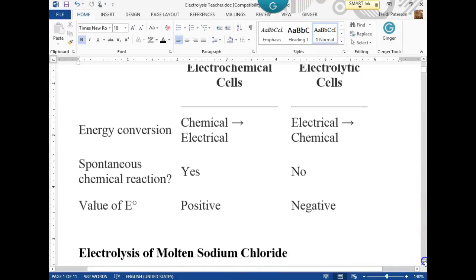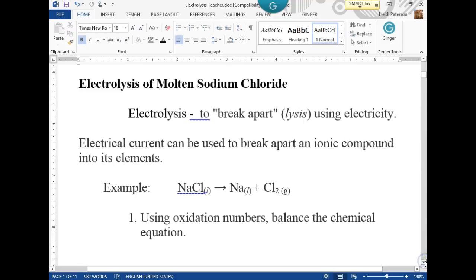In the electrolysis of molten sodium chloride, what we are trying to do is split apart sodium chloride into an atomic form of sodium and chlorine gas. Because we're splitting up the sodium chloride, the word lysis is used. Lysis literally means to split. Electro comes from the word providing electricity.